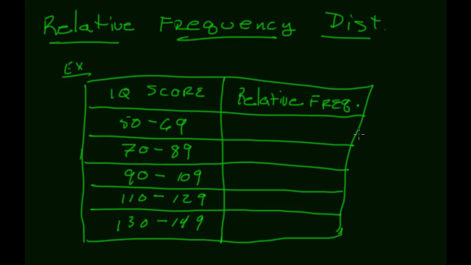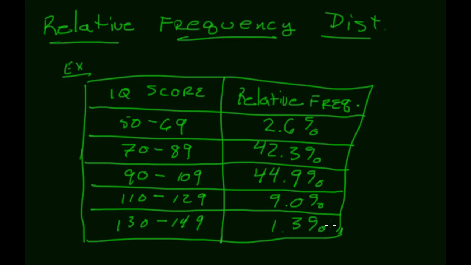So kind of backtracking from the table I had before, approximately 2.6% of the population is in this class. 42.3% of the population is here. 44.9% of the population is there. 9% of the population is here. And 1.3% of the population is here.